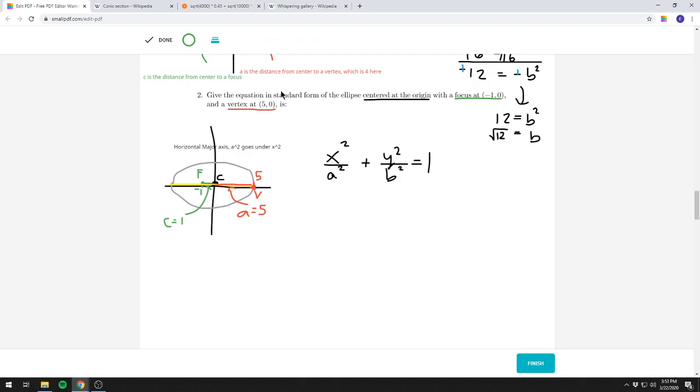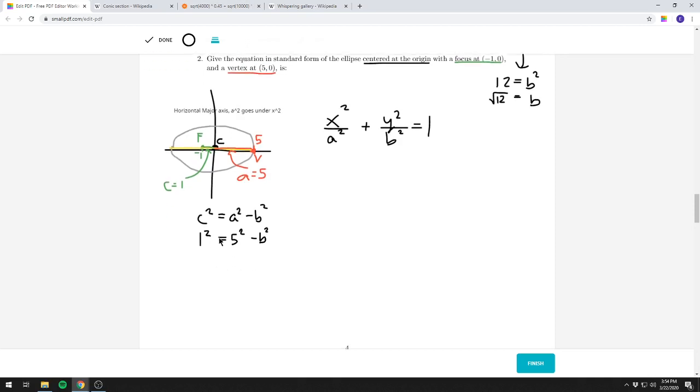We need to figure out b squared using the same formula. Right, so we got c squared equals a squared minus b squared. And if we plug in, our c is 1 and our a is 5, just like last time. We got 1 squared equals 5 squared minus b squared, which is 25, so subtract 25 from each side.